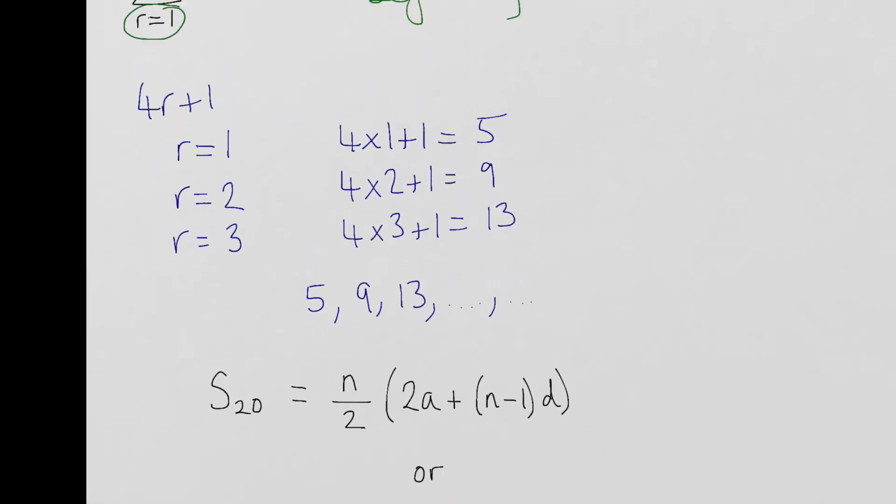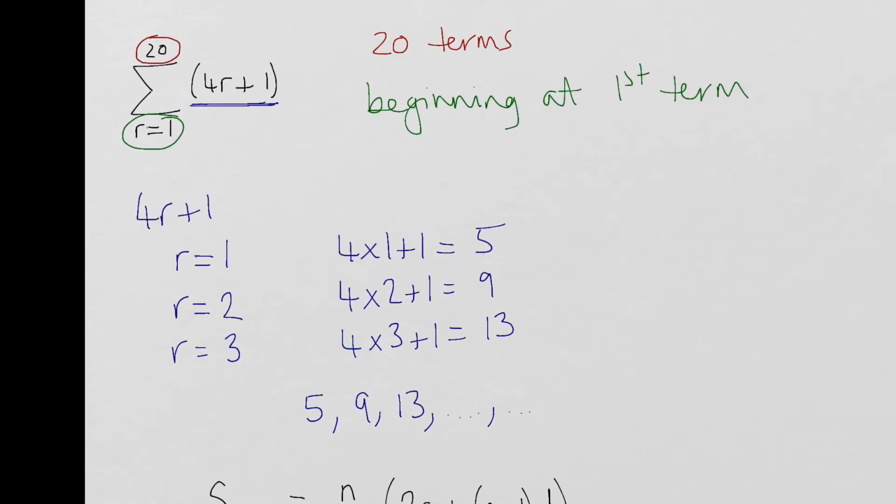So if we go back up to this, we could actually work out the last term. If we know that there are 20 terms in there, when r is equal to 20, 4 times 20 plus 1 tells us that our final term is 81.